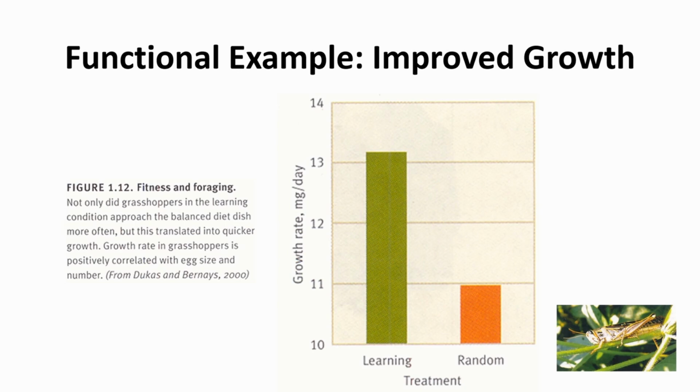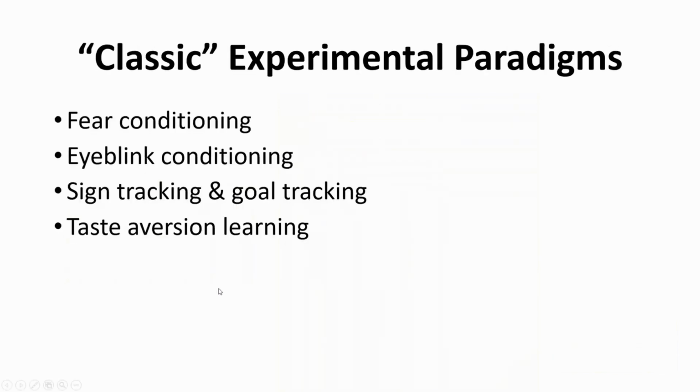But the more we learn about learning, the more we realize that it isn't something that we just see in the large, fancy mammals. We can also see it in insects and other animals that we might not have considered to be capable of it, which I love, turning over some of our assumptions and preconceptions.